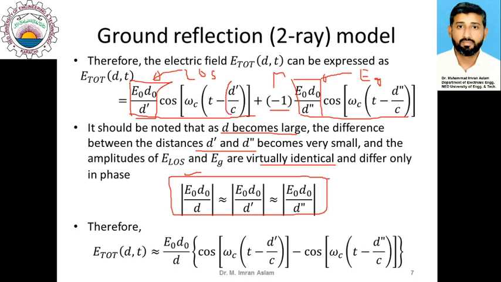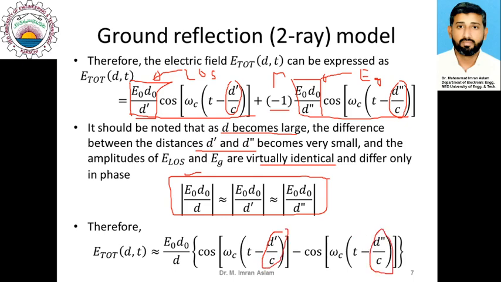But this value, d prime by c and d double prime by c, represents the phase change. Phase change would be there, you cannot ignore it. Although magnitude wise it does not make any difference, phase wise there will be a difference between these two values. So we cannot approximate d prime and d double prime in the phase values here and here.